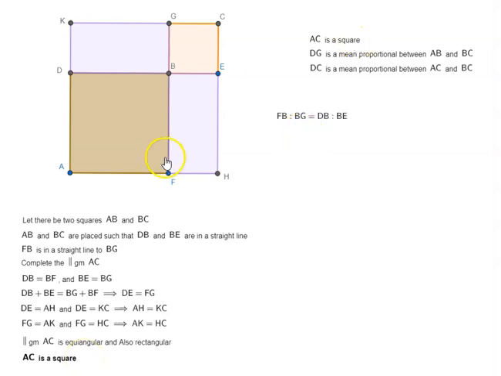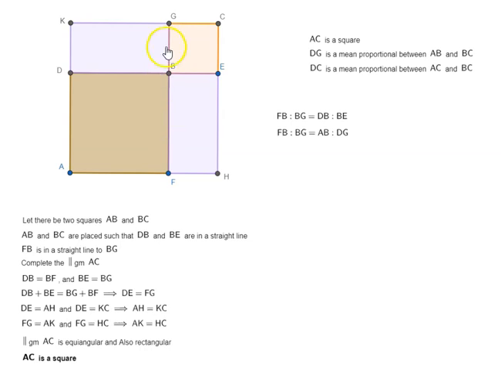FB is to BG is equal to DB is to BE. The sides about the equal angles are proportional. FB is to BG is equal to AB is to BG. Figures between the same parallel lines are proportional to the bases.